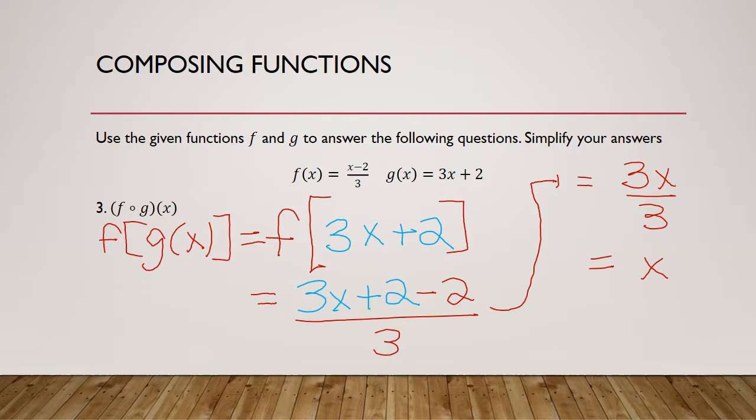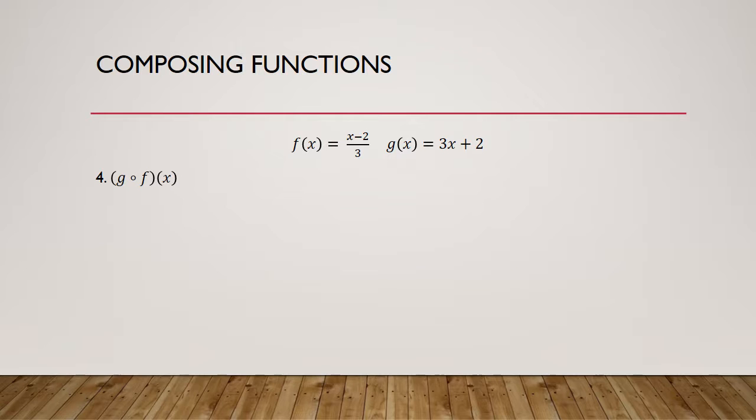So 3x plus 2 minus 2, that makes just 3x. So I have 3x over 3, which simplifies to just x. Okay. So when I compose these functions, f of g of x, I get out just x. And let's try going the other way.